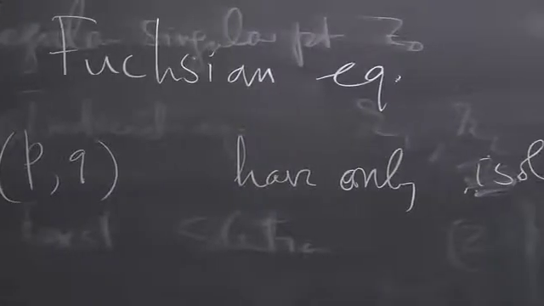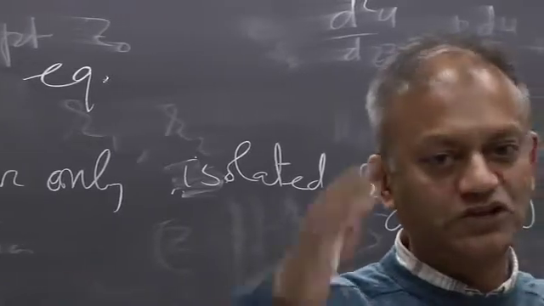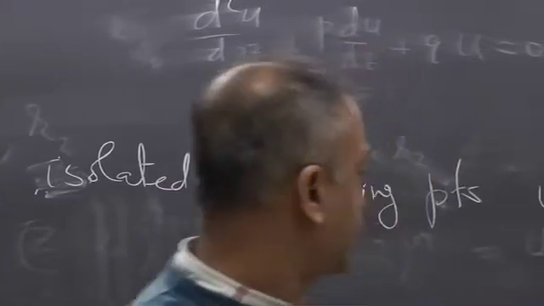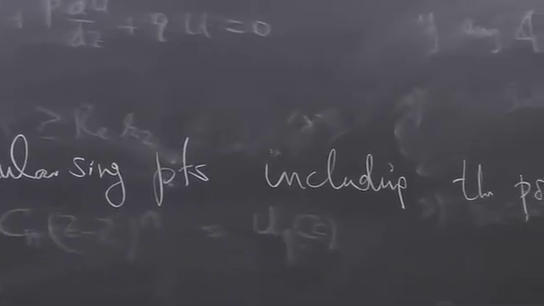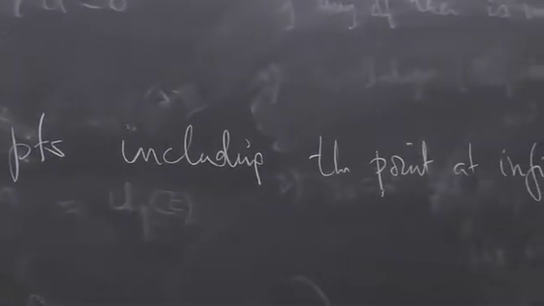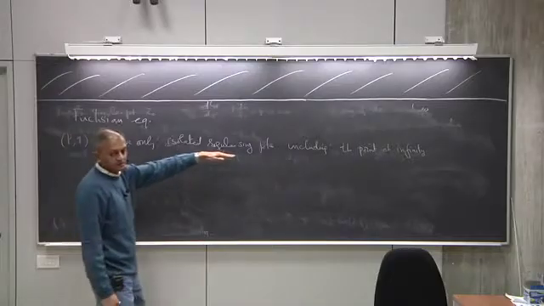Remember when we said when you include the point at infinity, the complex plane together with the point at infinity is topologically a sphere. So we are saying that this equation is well defined on the sphere itself, including the point at infinity. And so these are Fuchsian equations, and they have isolated regular singular points.